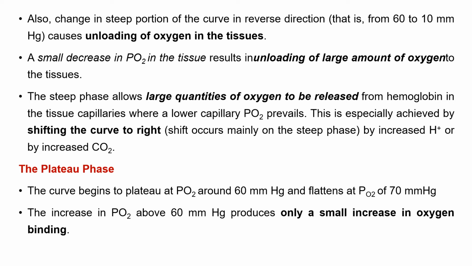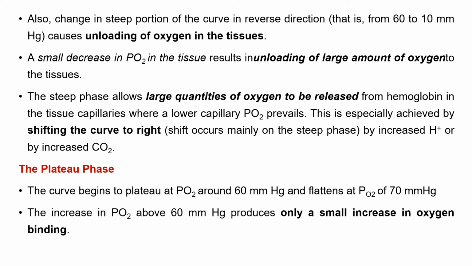So, a small decrease in PO2 at the tissue level results in large amount of oxygen unloading to the tissues. The steep phase allows large quantities of oxygen to be released from hemoglobin in the tissue capillaries where a lower capillary PO2 prevails.